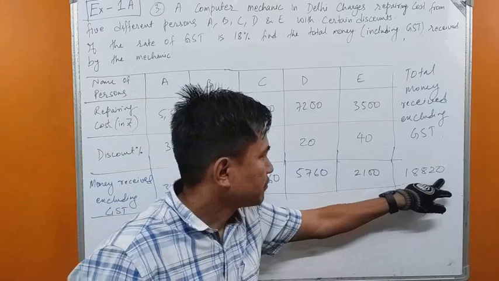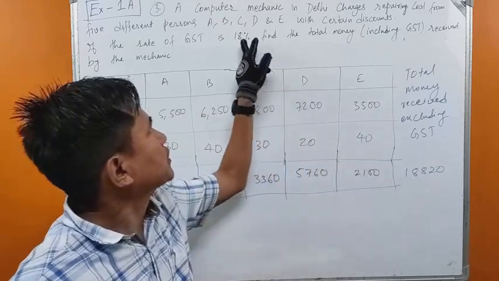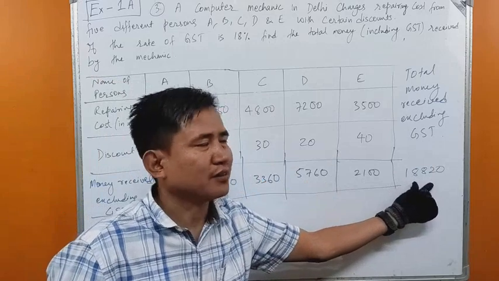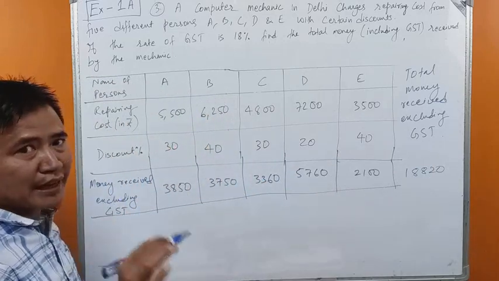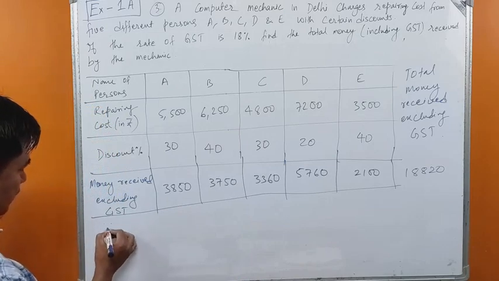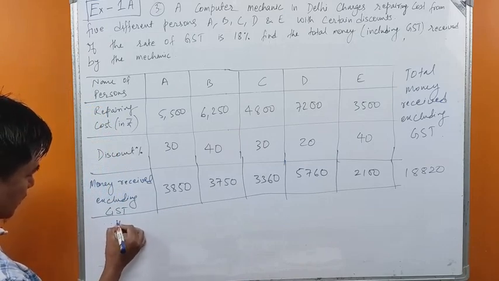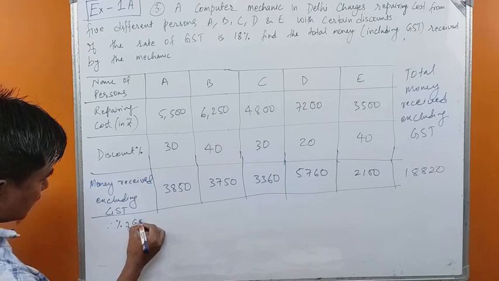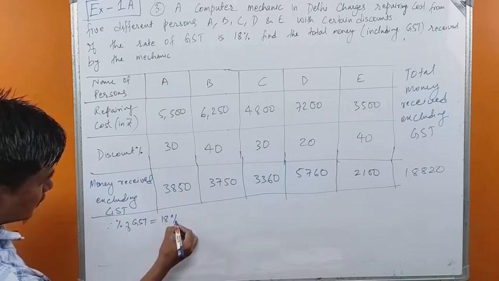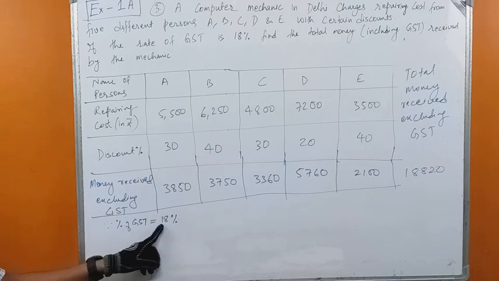So from this selling price, 18% needs to be added. 18% of this needs to be added, isn't it? Because tax is always calculated on selling price. So percentage of GST equals 18%.